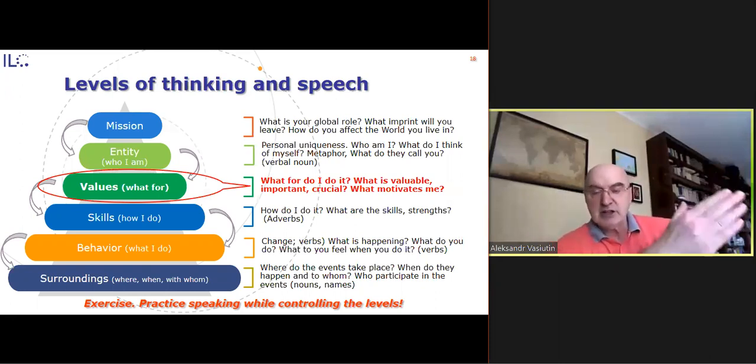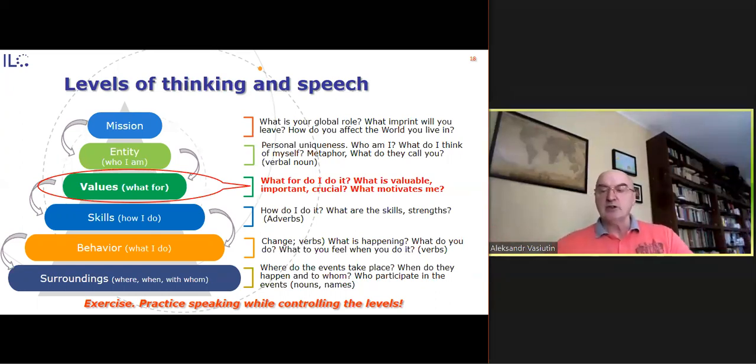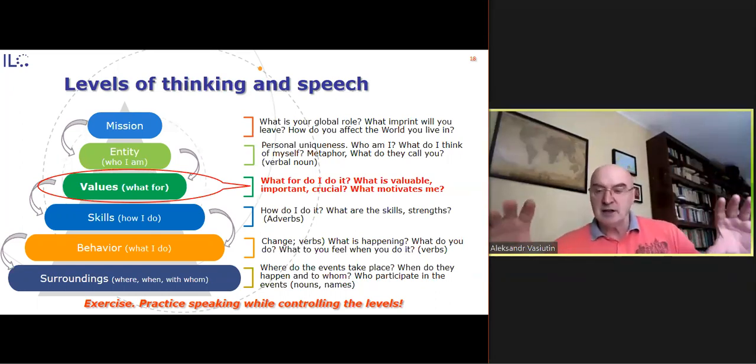The captain will say, assigning any person, for instance, the level of surrounding, and our participant must speak non-stop for 40 seconds only at the level of surrounding. I believe it's clear. He says, it's 5 a.m.